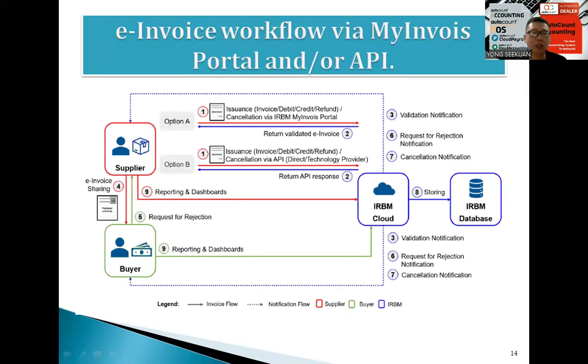So how is the workflow of the e-invoice? Here is one infographic showing how the MyInvoice portal or the API works. Later on we will go into more detail about this graph.